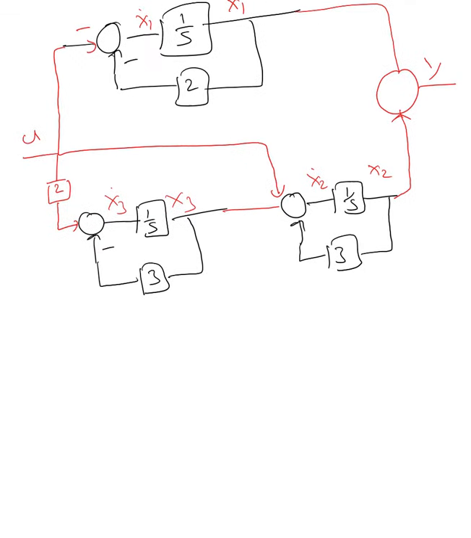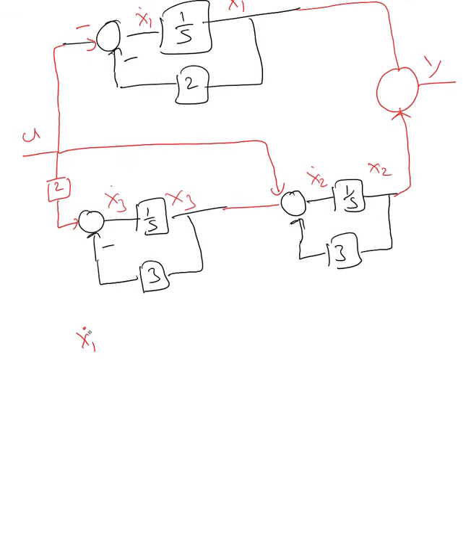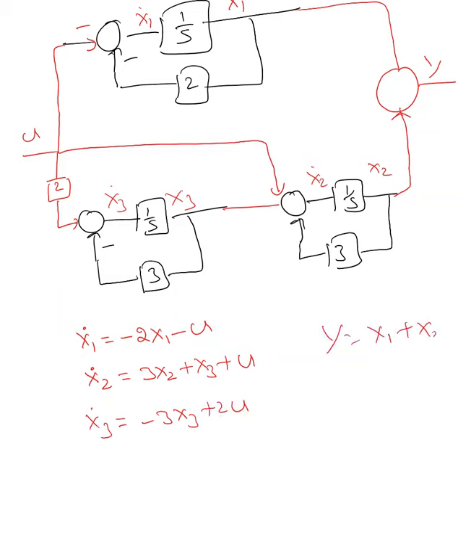What is x1 dot? x1 dot equal to minus 2x1 plus or minus u, and x2 dot equal to minus 3x2 plus x3 plus u, and x3 dot equal to minus 3x3 plus 2u, and y equal to x1 plus x2.